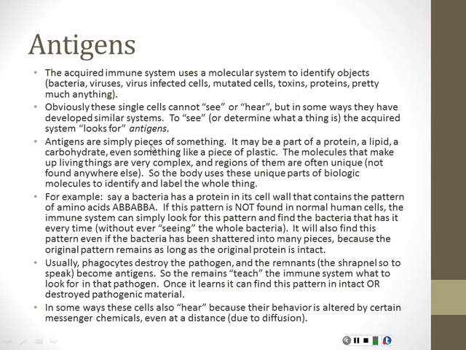So an antigen is simply a piece of a thing. If you think about a bacteria, it's obviously very simple. But on the inside, there's all kinds of stuff inside a bacteria, just like there is inside our own cells. There's DNA, there's proteins, there's carbohydrates, there's lipids, there's all kinds of stuff. So an antigen is a little piece of something. So, for example, let's say that this bacteria has this piece here that is part of a protein that makes up its mitochondria, let's say.